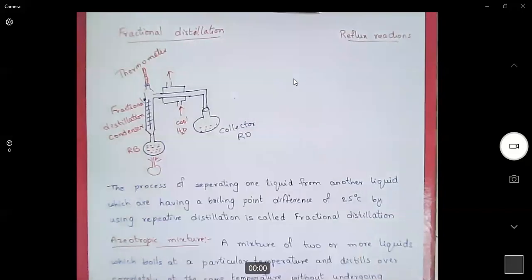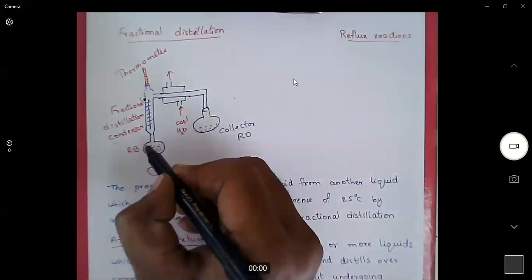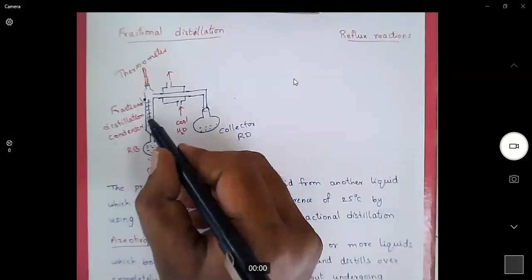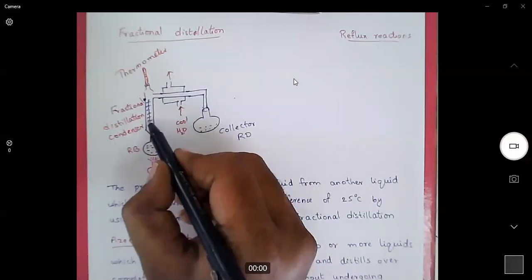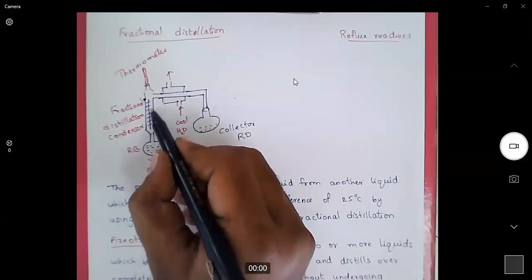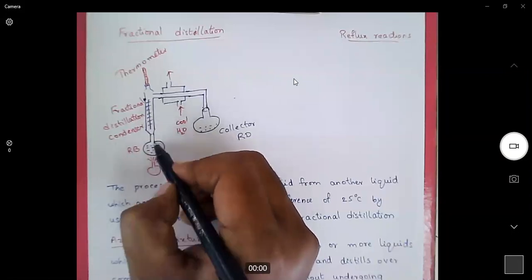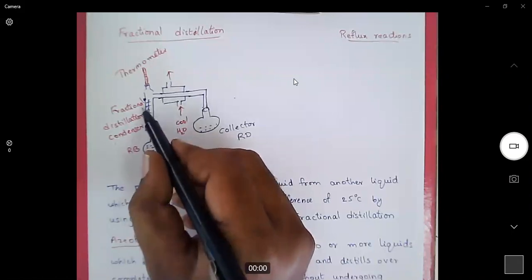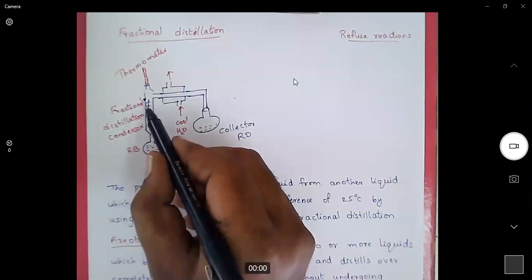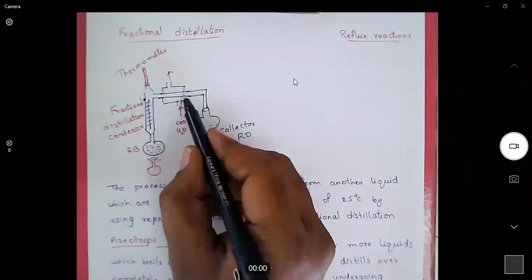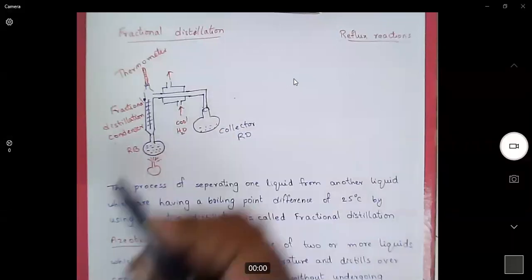This is what is called repetitive distillation. When the vapor reaches the fractional distillation condenser, it will again condense there itself and come down. Because of this, the solvent with low boiling point will reach this height, and then it will undergo purification.